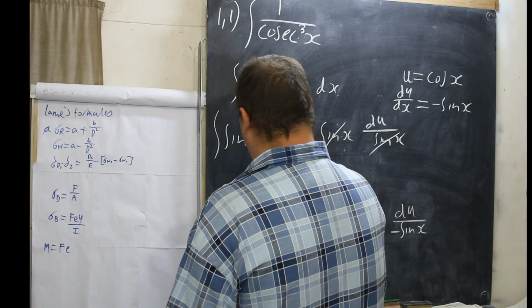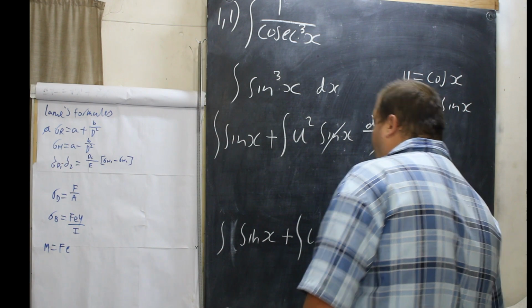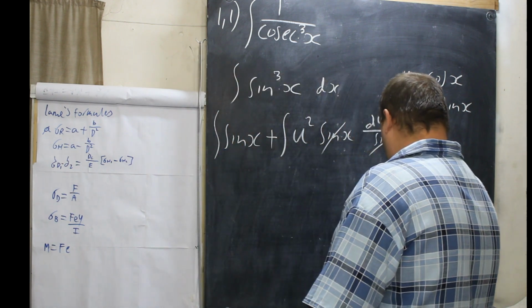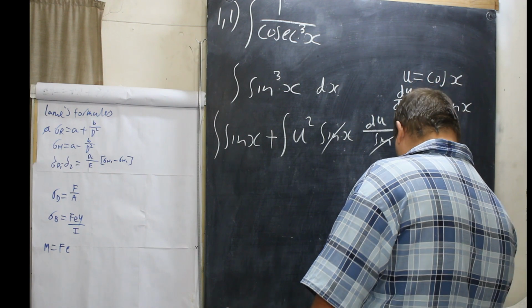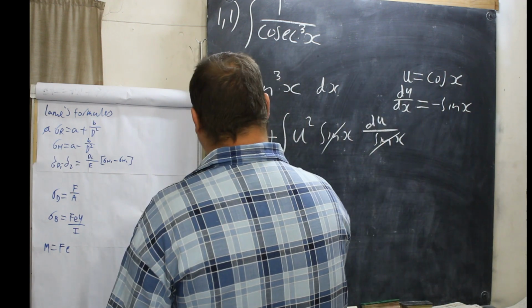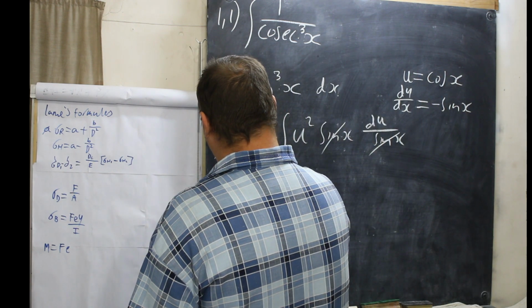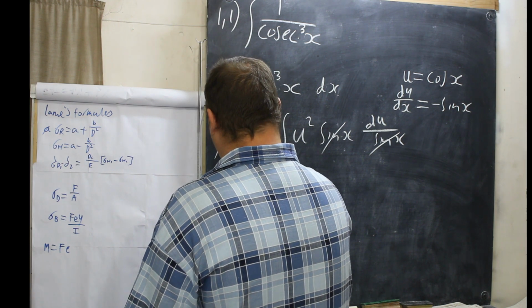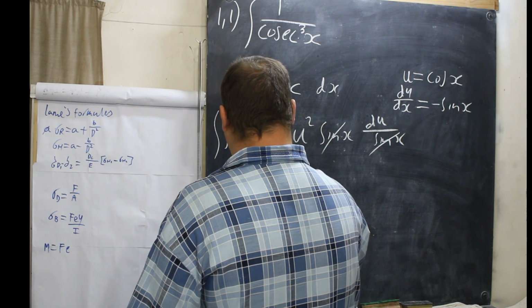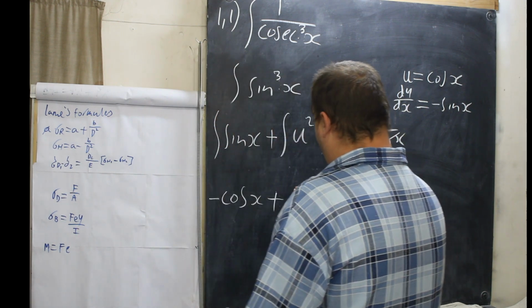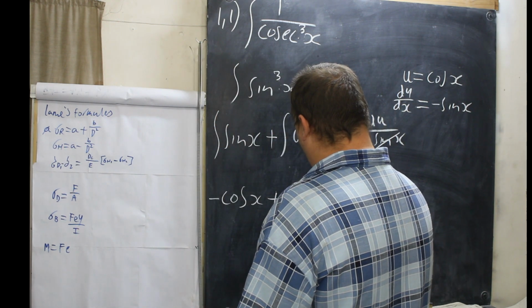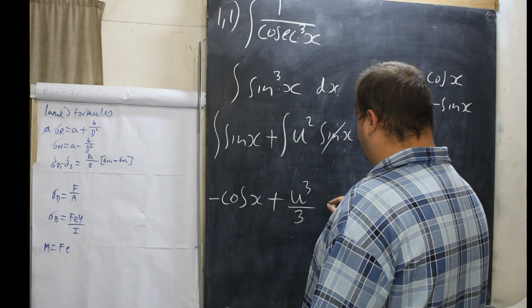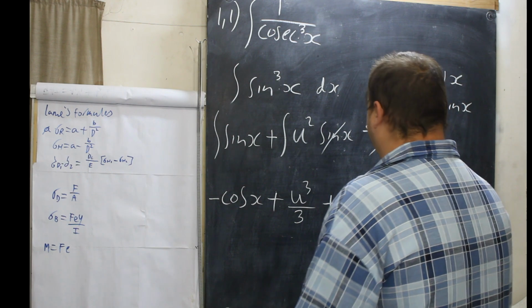So the integral of sine x is minus cos x, plus the integral of u is u cubed over 3, plus c.